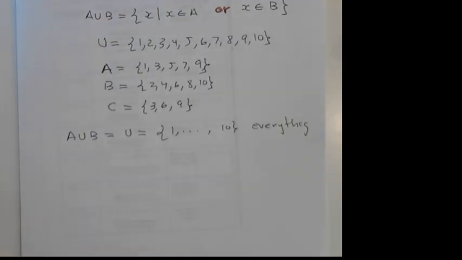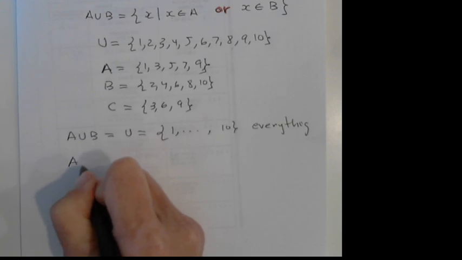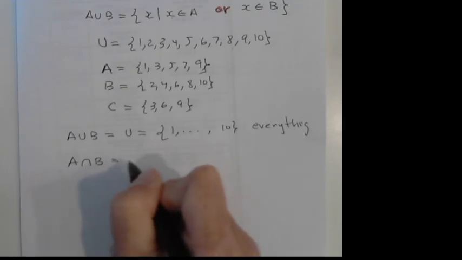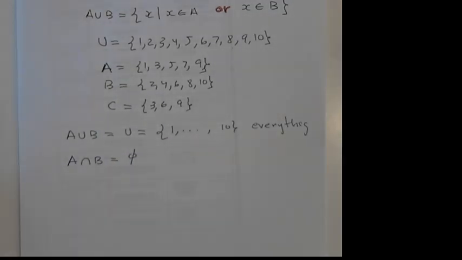Now if I say to you A intersection B is empty, is the empty set, because a number cannot be odd and even.